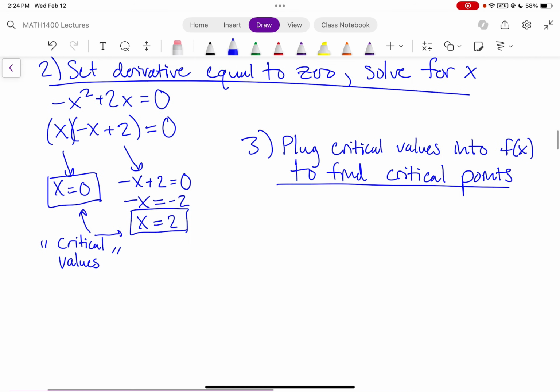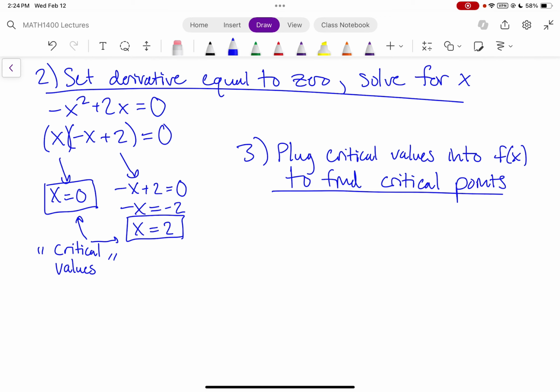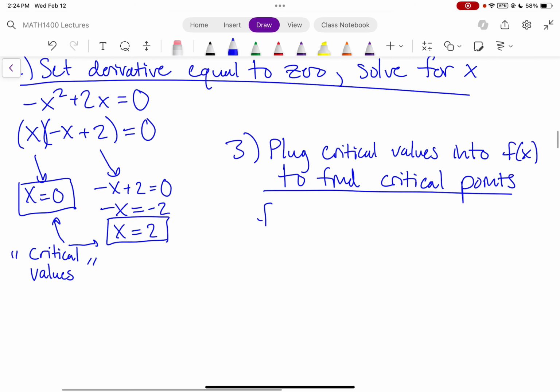Essentially we know where these x values are, where we have these horizontal tangent lines, but we don't know what the y values are. We don't know where they are on the graph. So I want to take each one and plug it into the function. Our first one is x equals 0, so I'll plug 0 into f.